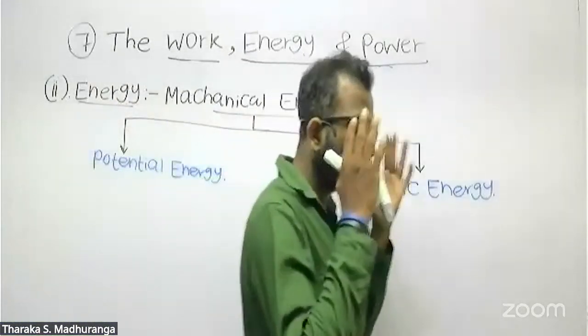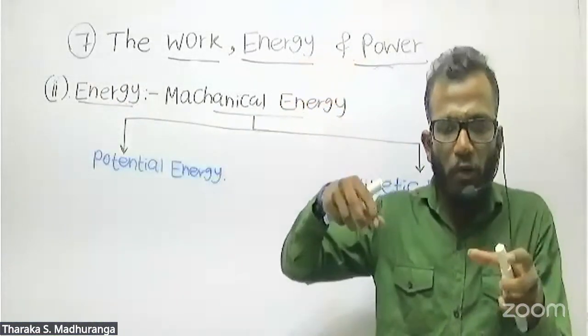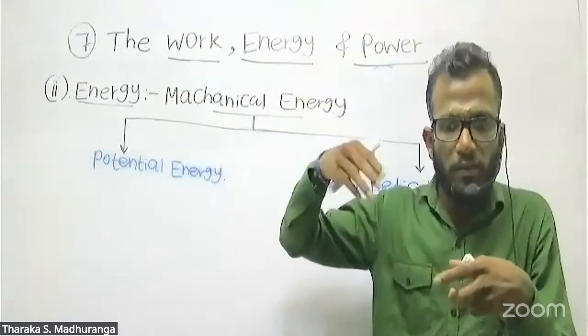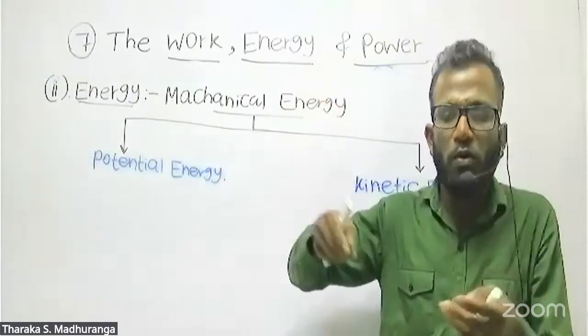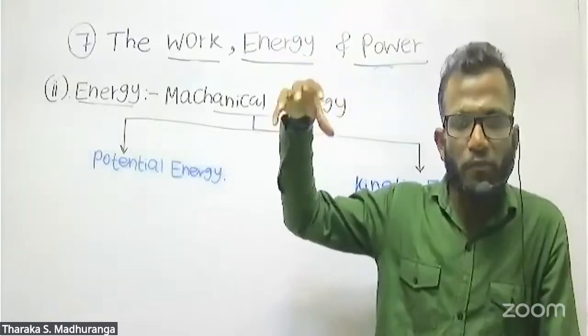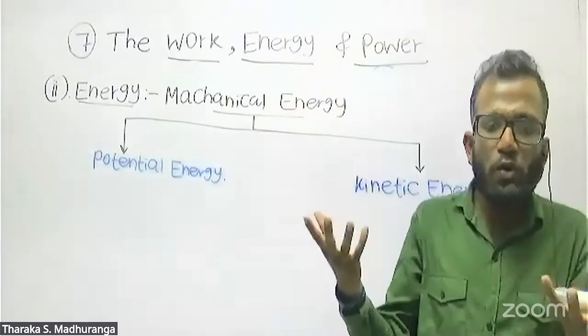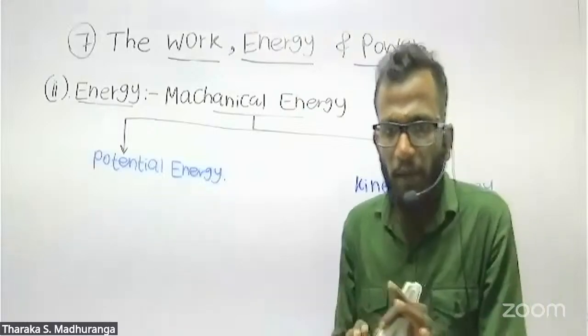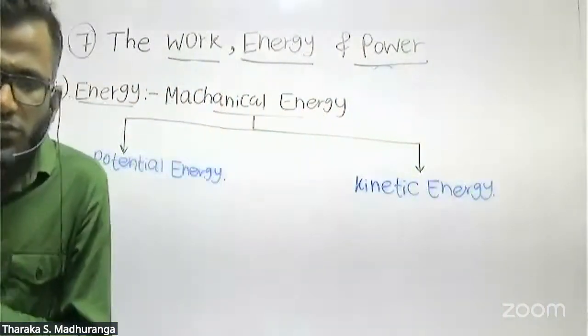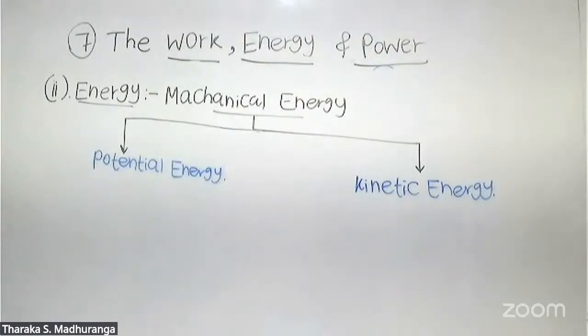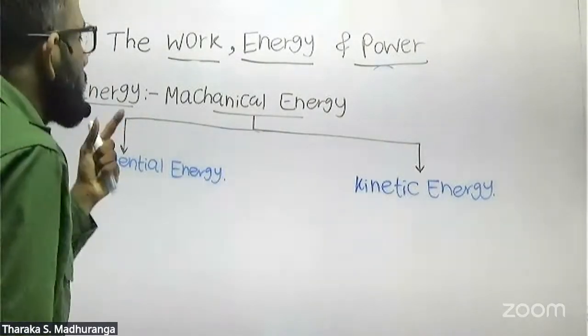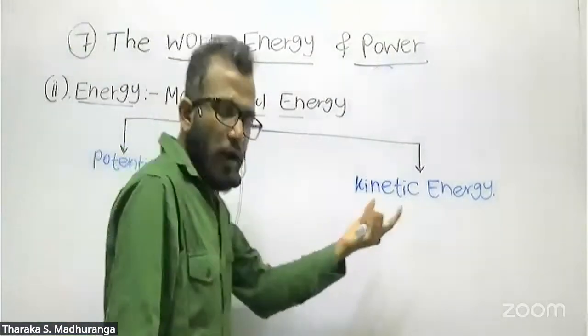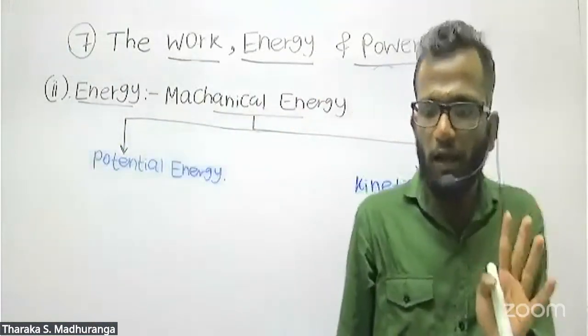Because of some object's position or because of some object moving, the object has stored energy, and that we call mechanical energy. Mechanical energy is mainly two types: potential energy and kinetic energy.